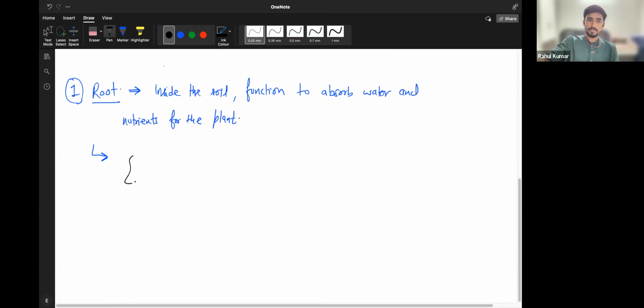Yes. So let's say this is a seed, okay? In that seed, you must have seen that there are two things that come out. One is like this, the radicle, and one that goes up, right? So the one that's going up is called plumule, and it gives rise to the shoot system.